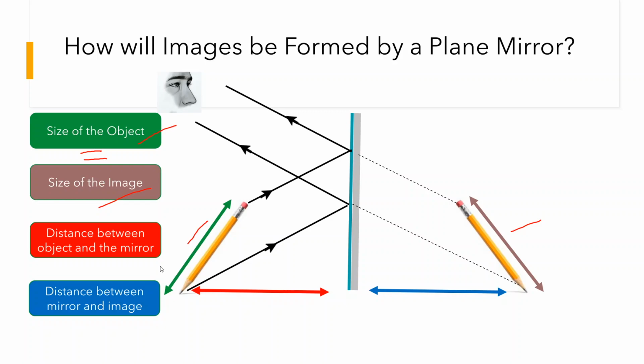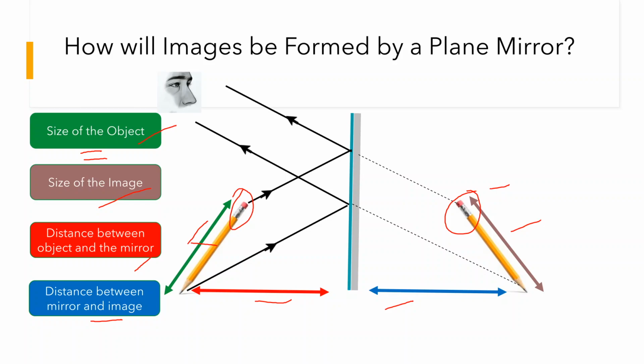Next, if we take the red arrow as the distance between object and mirror, and the blue arrow as the distance between mirror and the image. This is called the image and this is called the object.